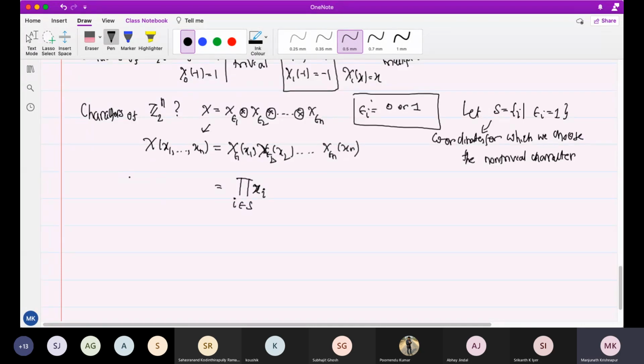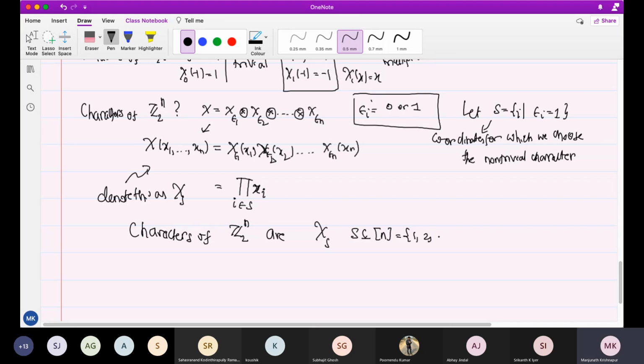We will denote this by chi S. So the characters of Z2 to the n are chi S, where S is a subset of [n]. When I write square bracket n, I mean the set 1 up to n.